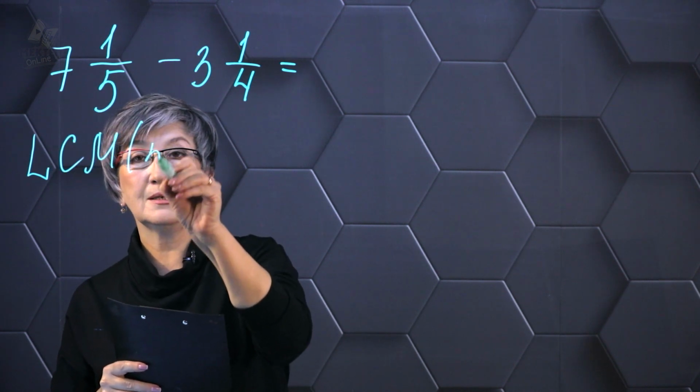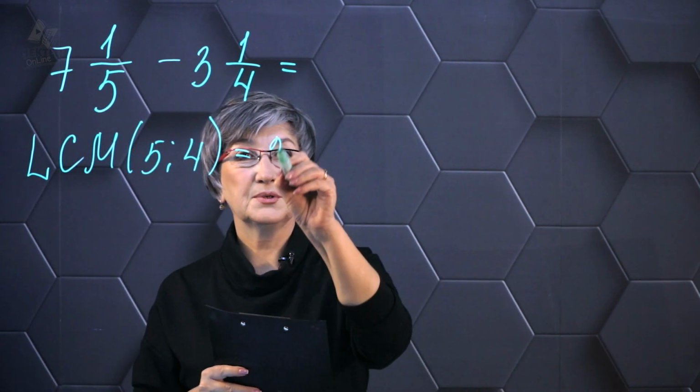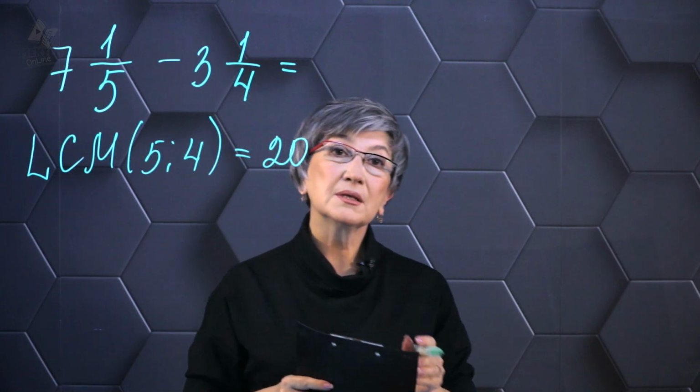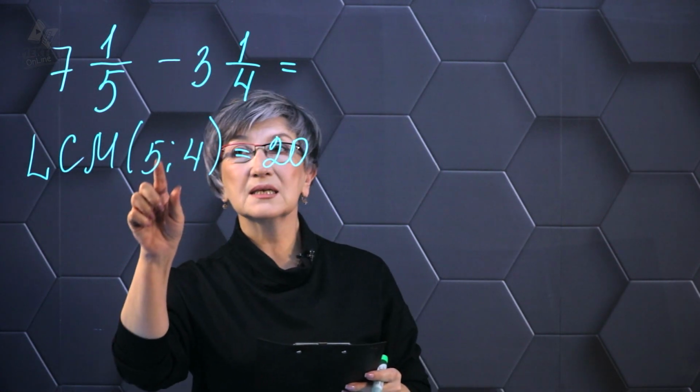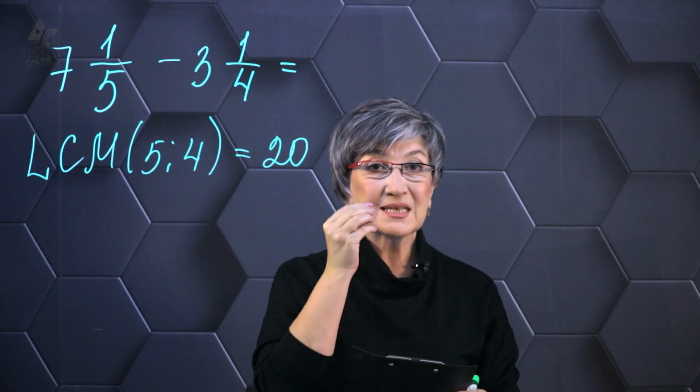Let's write down that the least common multiple of 5 and 4 is the number 20. Why 20? Because 20 is divisible by 5 and 20 is divisible by 4. Try to get to that number on your own.